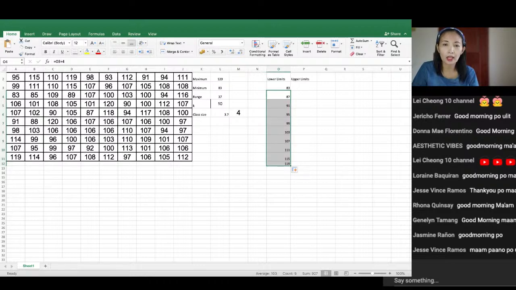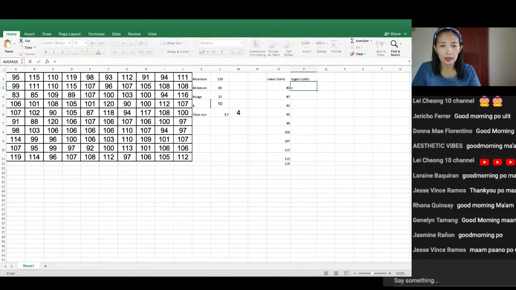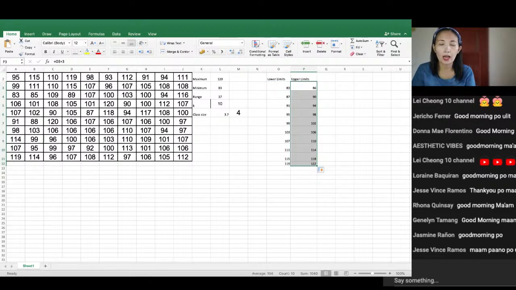How about the upper limits? The upper limit of the first class is obtained by adding I minus 1, class size minus 1, to the lower limit. So this is simply equal to 83 plus I minus 1, 4 minus 1 is 3. And then drag this down to get the upper limits.